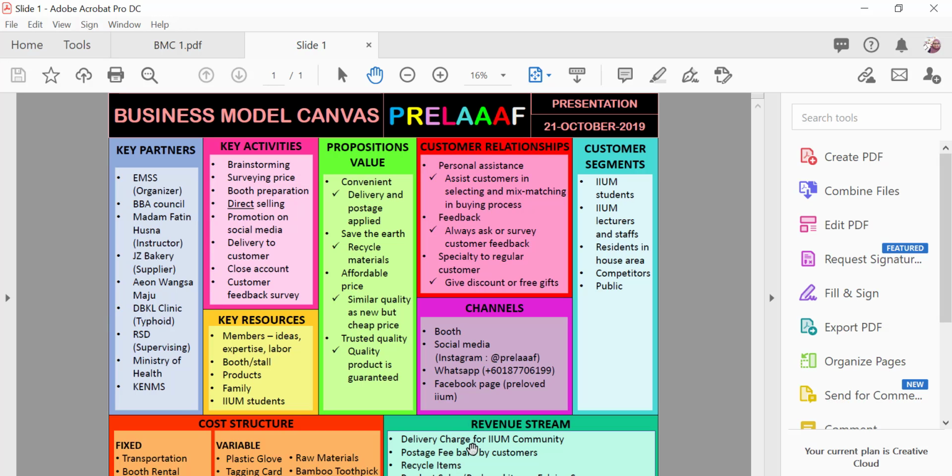The 6 ringgit postage is actually borne by the customer. It's under revenue streams. If you are using Shopee, of course the delivery charge will be under revenue stream. If you are using any kind of e-commerce website like Lazada or eBay or Amazon, the delivery charge will be under here, revenue stream.